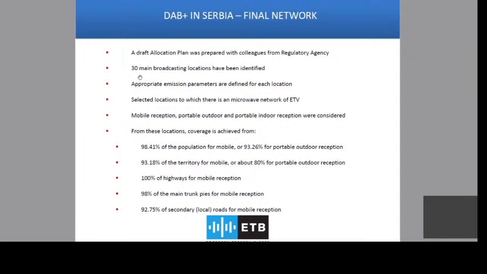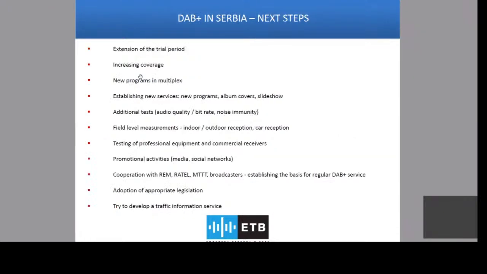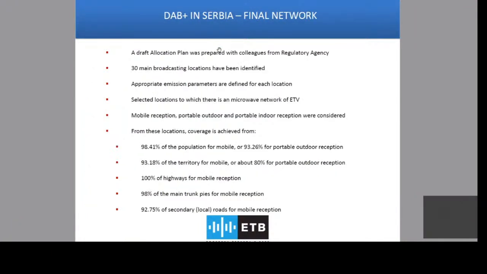And we have also already finalized a project to cover the territory of the Republic of Serbia from 30 transmitting locations with a percentage of coverage of the territory and population of more than 95%, which should also be realized in the next period. There are also plans to release new program content in the existing multiplex.